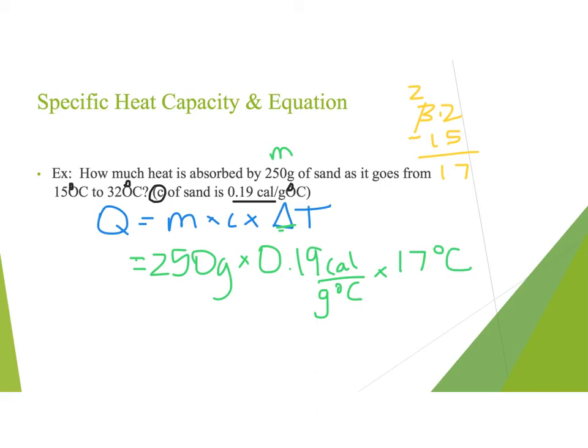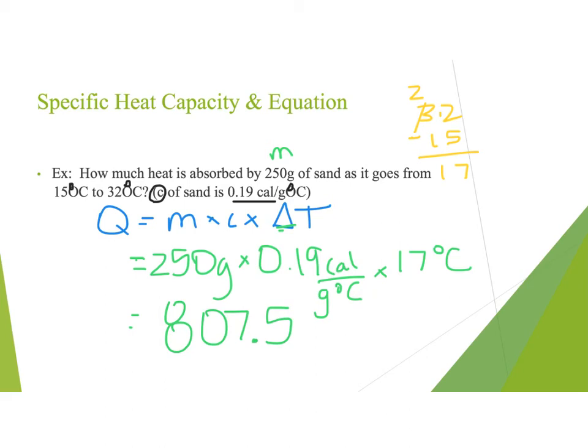Let's do the math real quick. 250 times 0.19 times 17 is equal to 807.5. Now, we always need units. Every single number that you write in chemistry must have a unit.